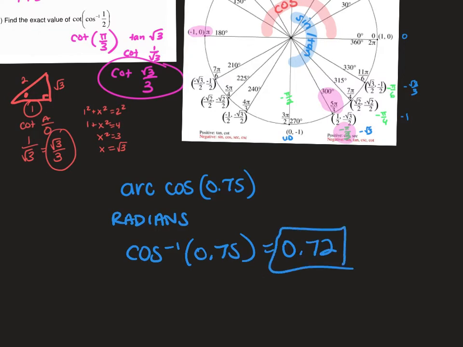It'll probably say round to the nearest tenth, or 2 decimal places. If it said 4, it'd be 0.7227, like that. So that question specifically should be an easy 5 points. But if you're in the wrong mode, you're not going to get it. So make sure you're really careful.